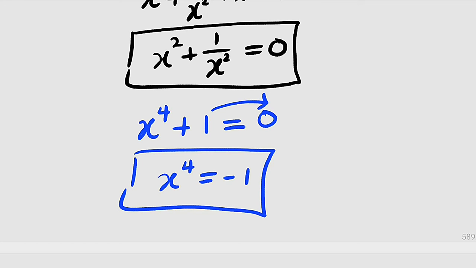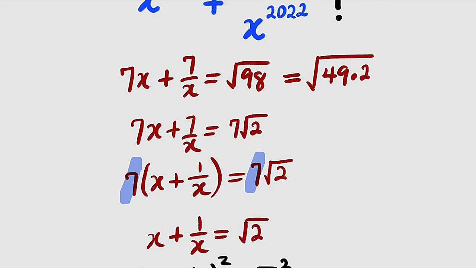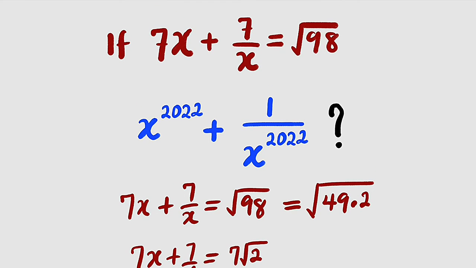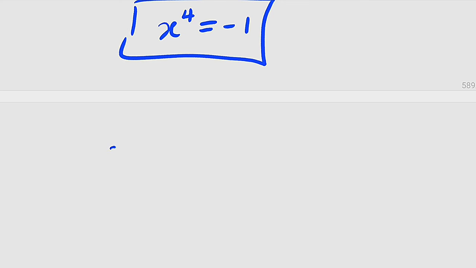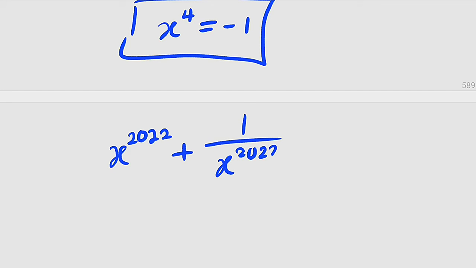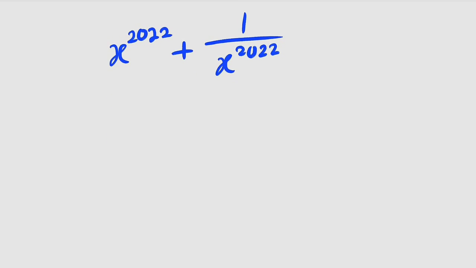Now let us go back to that expression we wish to evaluate, which is x to the power of 2022 plus 1 divided by x to the power of 2022. You should know that according to one of the laws of indices, we can split this as x to the power of 2020 multiplied by x to the power of 2.